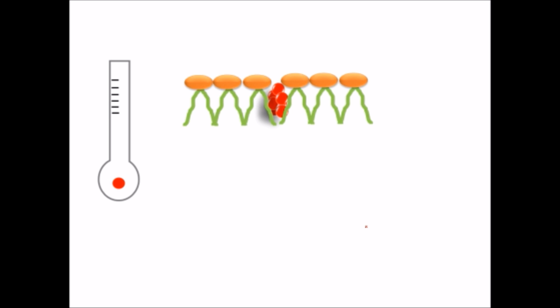Apart from the phospholipid itself, the cholesterol in the membrane is also responsible for the transition from gel to liquid. It rather maintains a proper fluidity of the membrane. How?